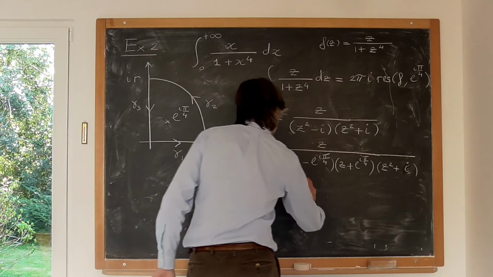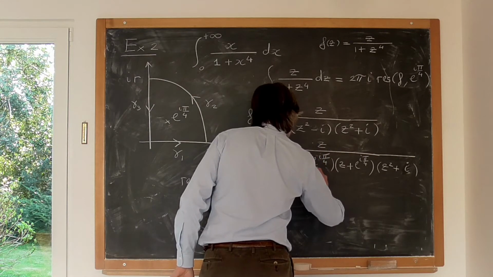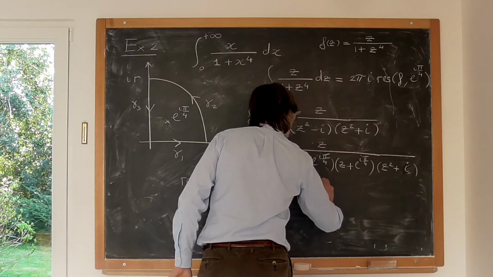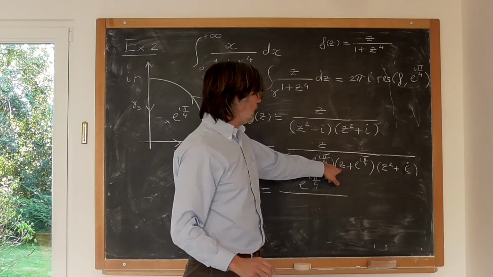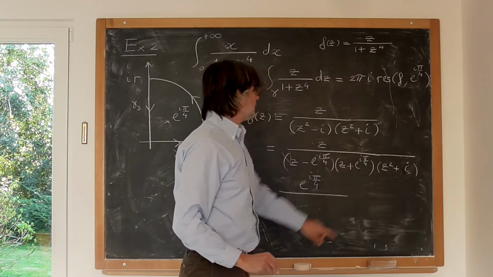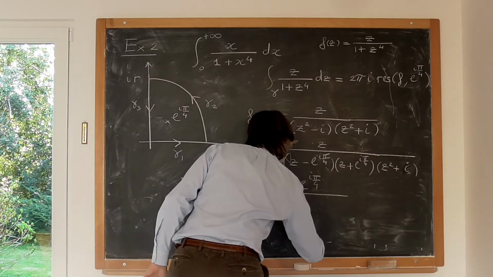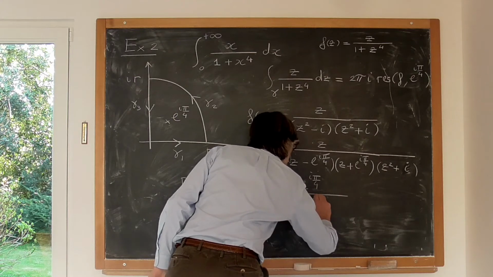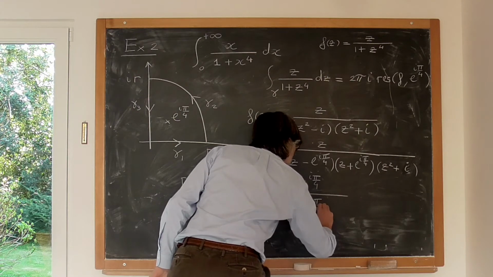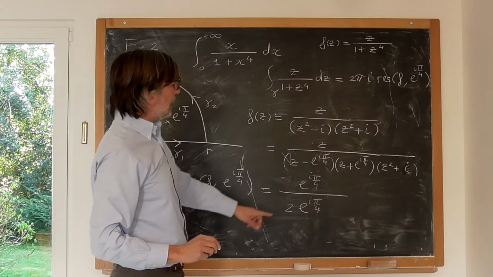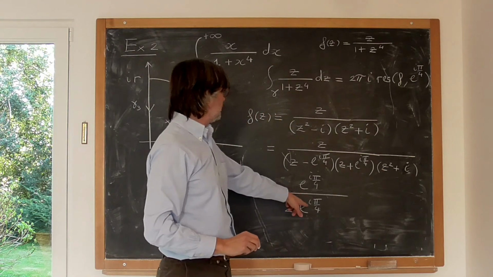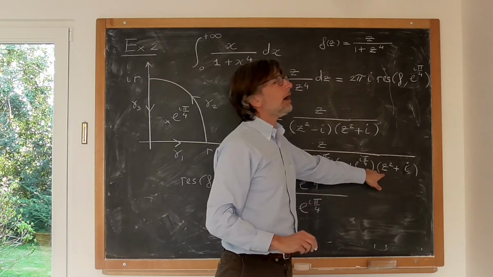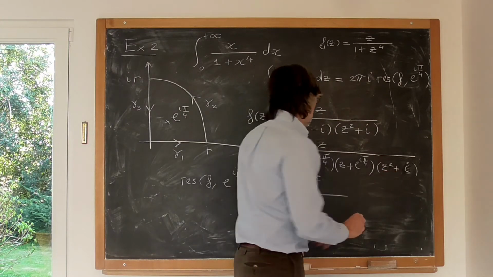So we obtain e to the i pi over 4 above, and here e to the i pi over 4 plus the same thing is twice e to the i pi over 4, and z squared, e to the i pi over 4 squared is i, plus i.